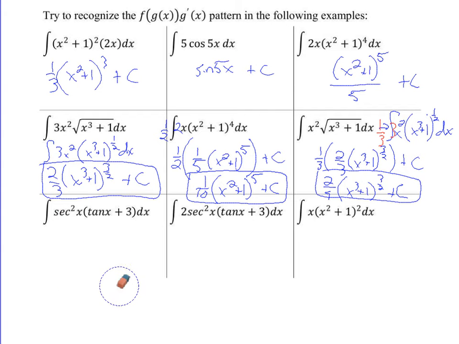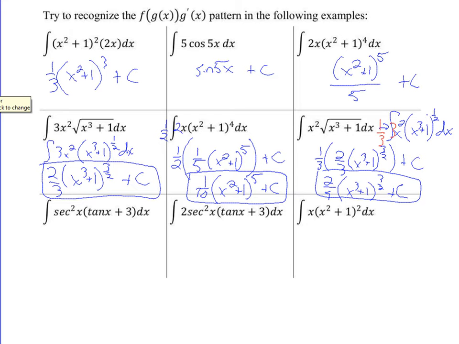So what am I gonna write? Remember that this is undoing a chain rule problem.